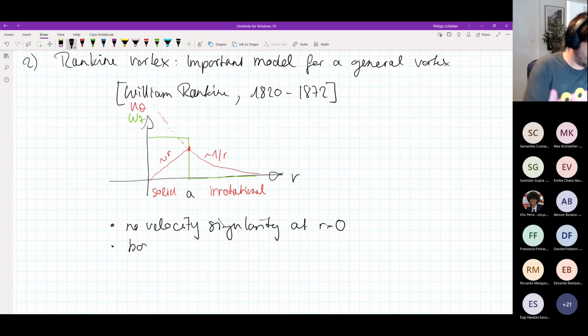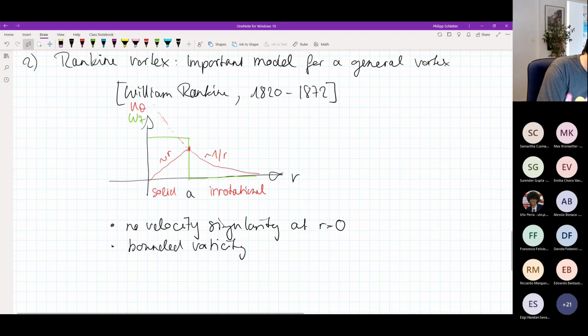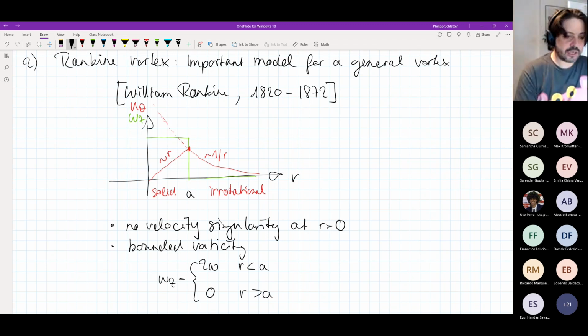So it is actually a bounded vorticity that you have, a certain value that you can associate to that. But formally speaking, this omega z would be 2 omega for r being lower than a, or 0 for r being larger than a.